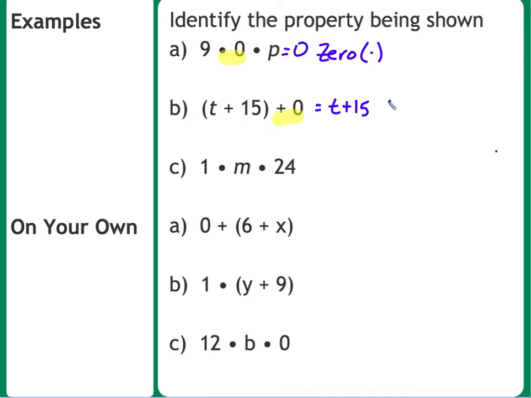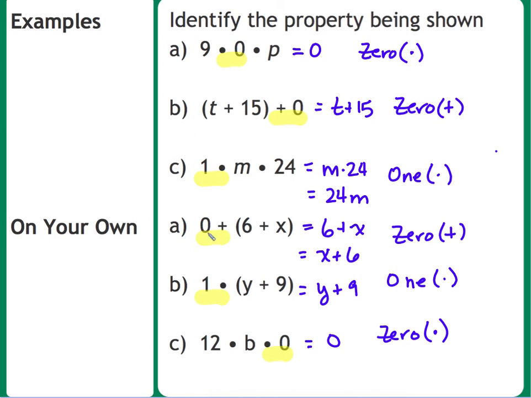This is the addition property of 0. And then our third one, we're multiplying by 1. Whenever we multiply by 1, we get that same thing. This is the multiplication property of 1. All right, go ahead and try the on your owns real quick.